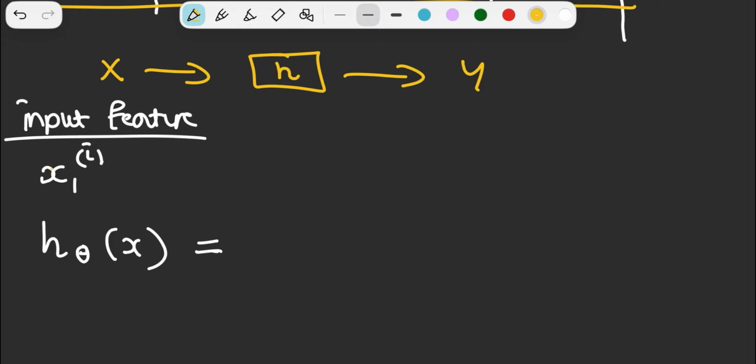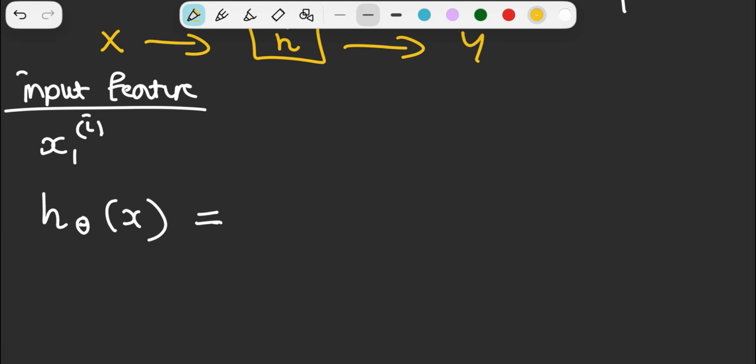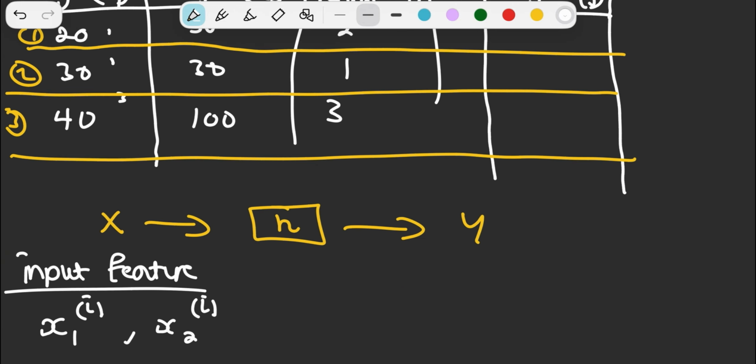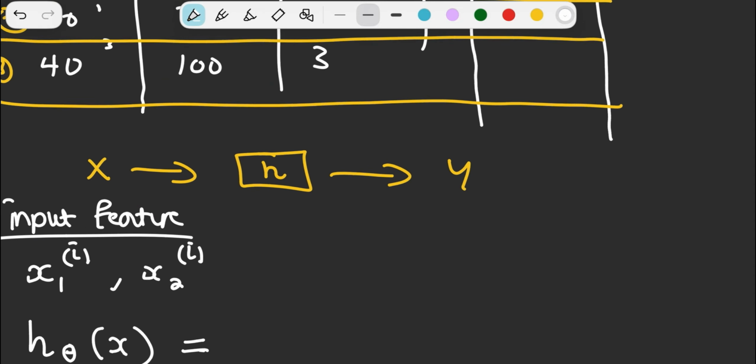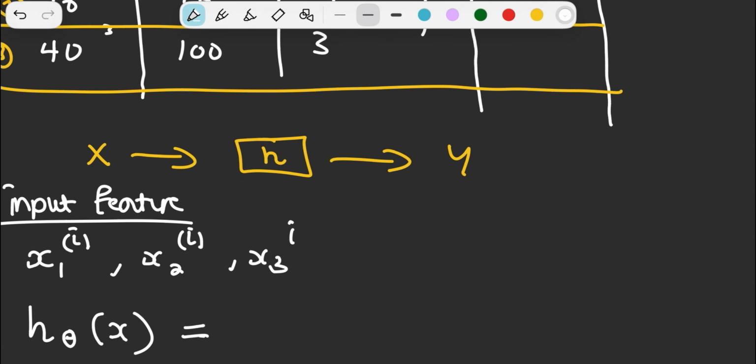So x1 superscript i refers to the first input feature, and x2 superscript i refers to the second input feature, but the i corresponds to what training set you're talking about. This is x2 superscript 1, x2 superscript 2, x2 superscript 3. We also have x3 superscript i all the way up until xn superscript i, depending on how many features we have.